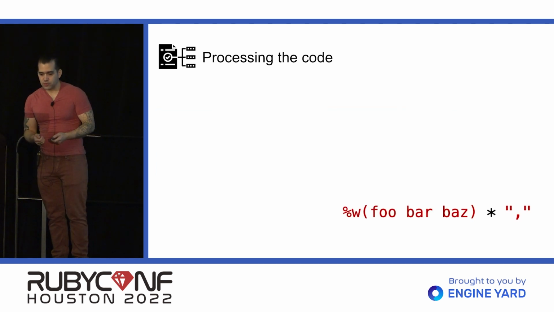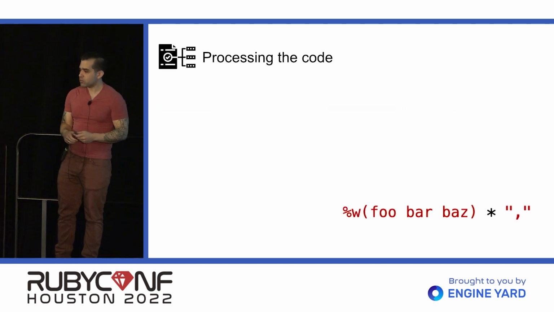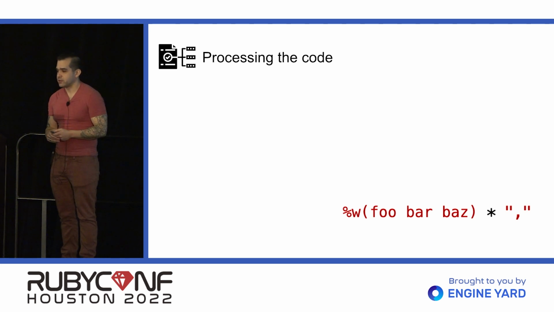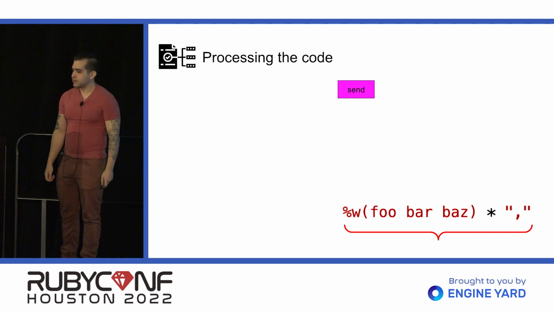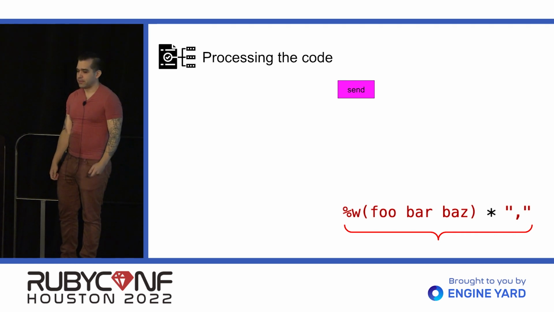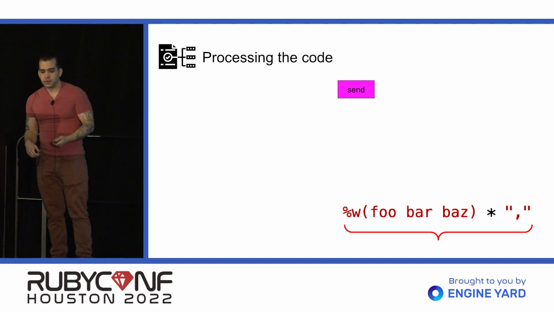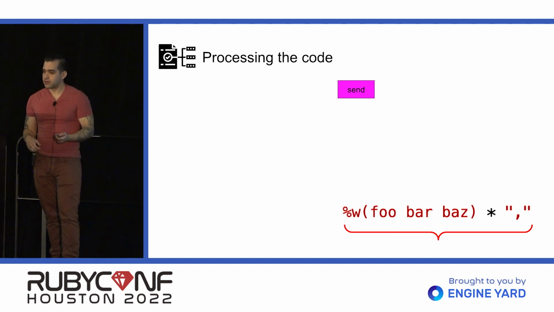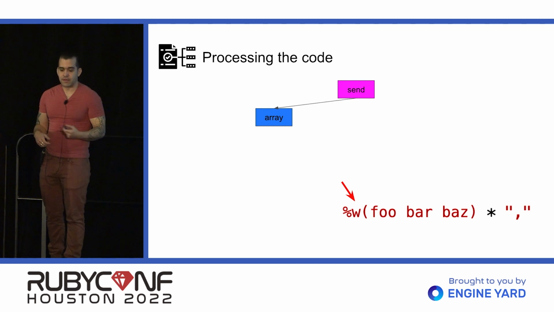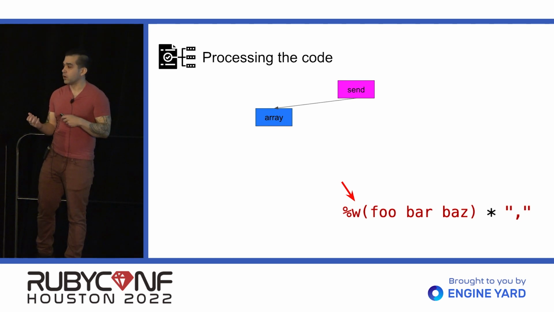So let's come back to our array example. What does the abstract syntax tree here look like? Well, first, this entire thing is a method call. And this is represented by the send node. The send node has many children. The first child of it is, what is this method being called on?